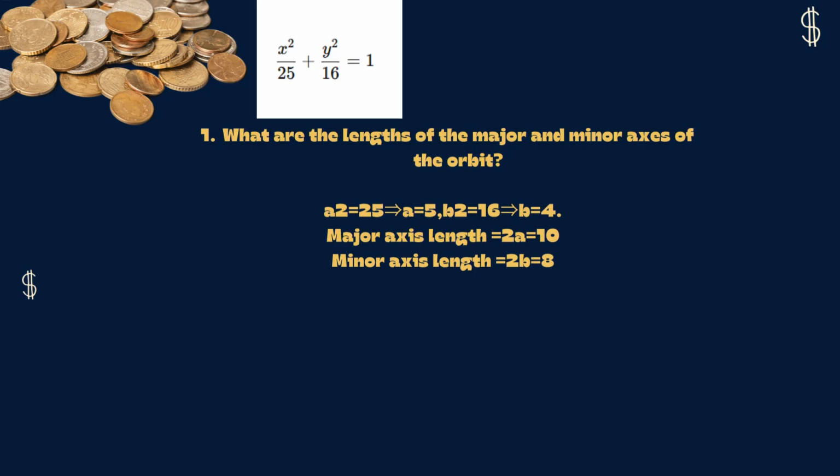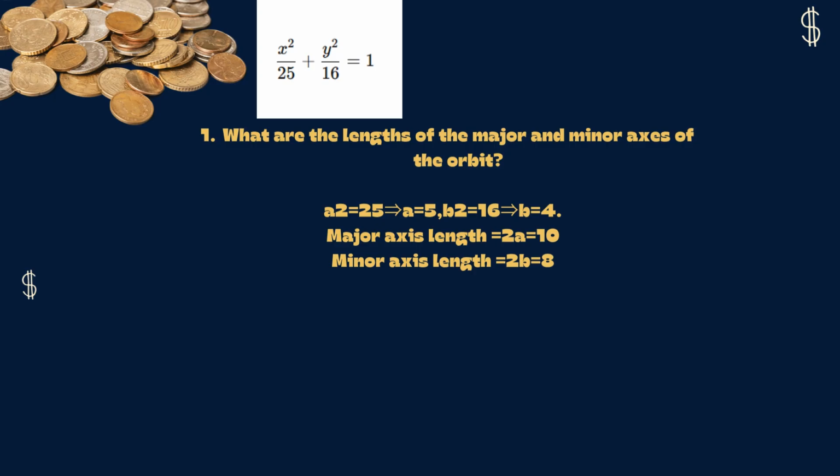In getting the major axis length, the formula is 2 times a, which a is 5. So 2 times 5 is equal to 10.